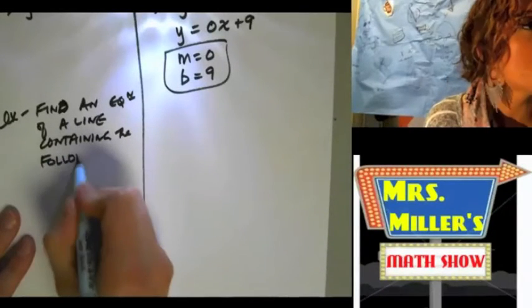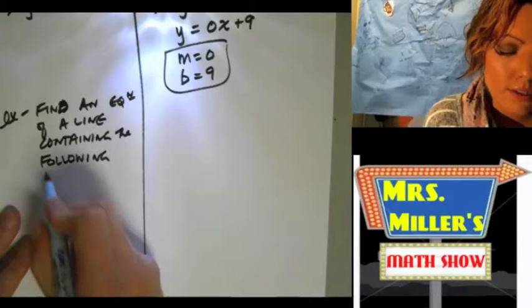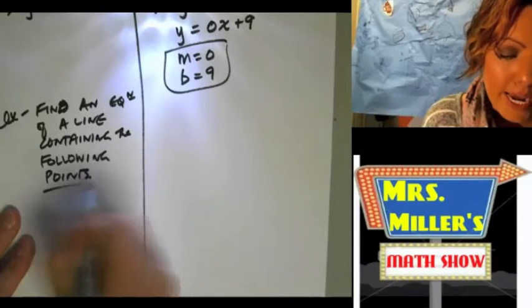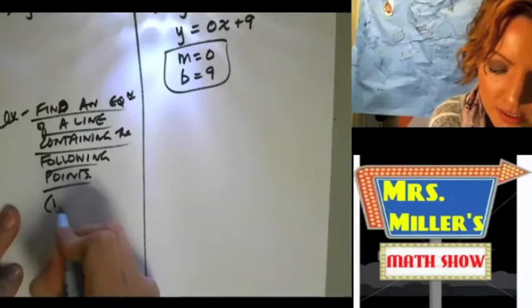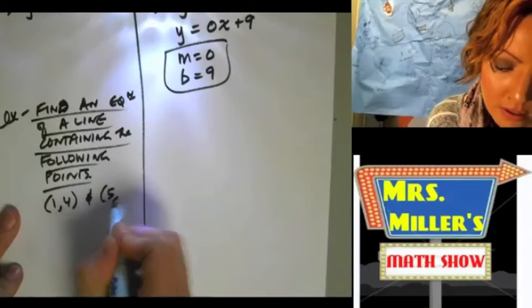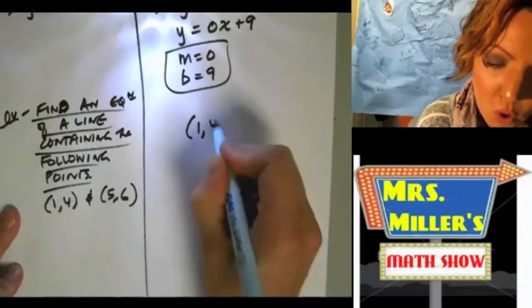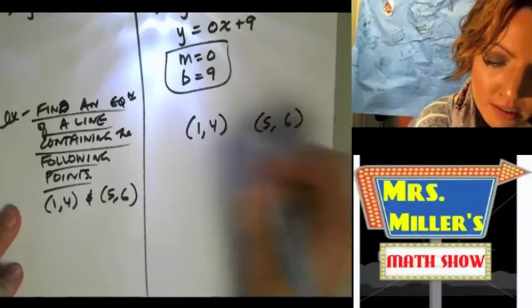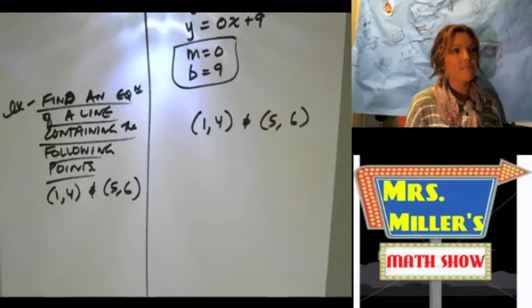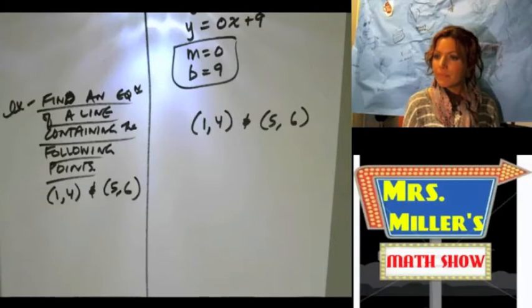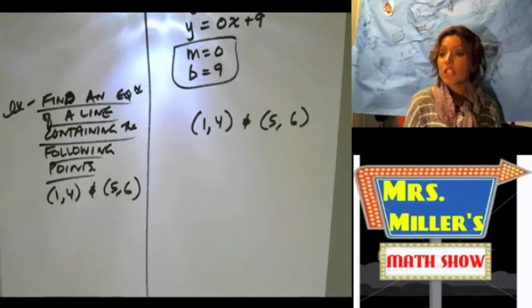And the points that this one contains are 1, 4, and 5, 6. 1, 4, 5, 6. All right. Yes? Yeah, find an equation of a line containing the following points. 1, 4, and 5, 6.